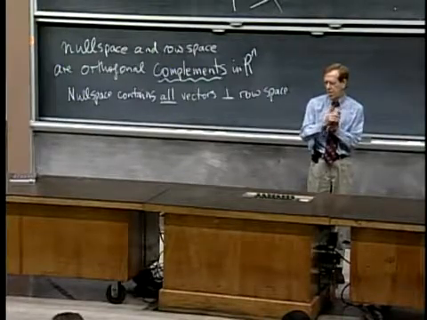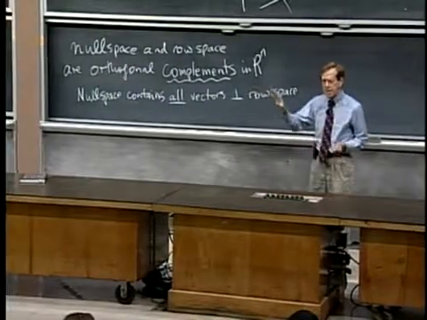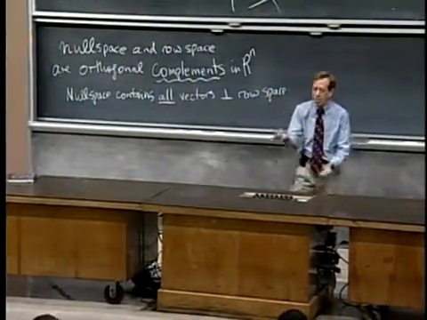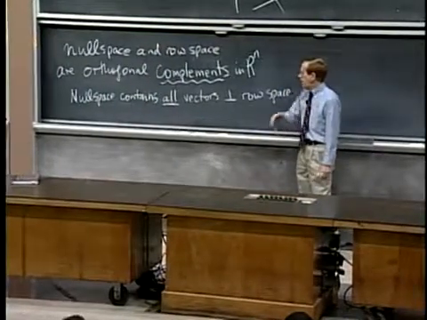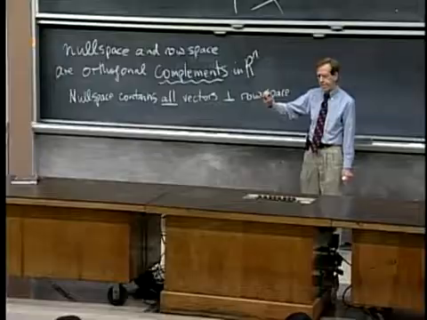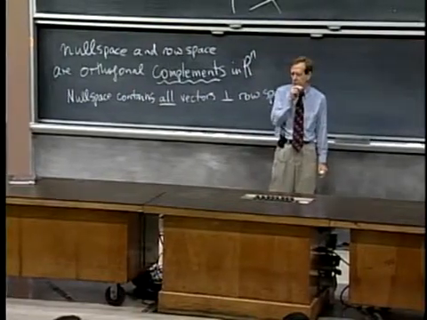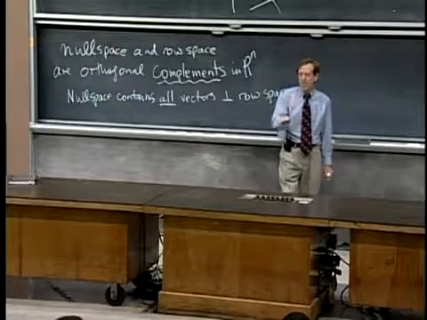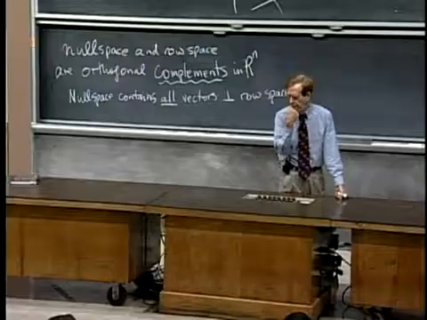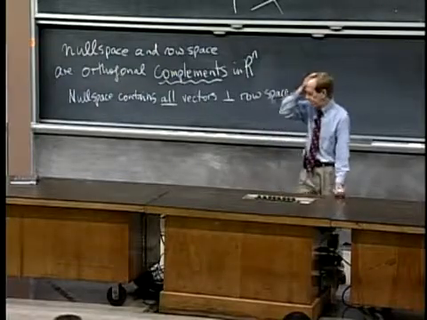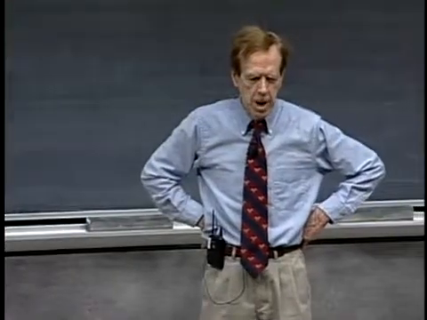The fundamental theorem of linear algebra is about these 4 subspaces. So part 1 is about their dimension. Maybe I should call it part 2 now. Their dimensions we got. Now we're getting their orthogonality. That's part 2. And part 3 will be about bases for us, orthogonal bases. So that's coming up.